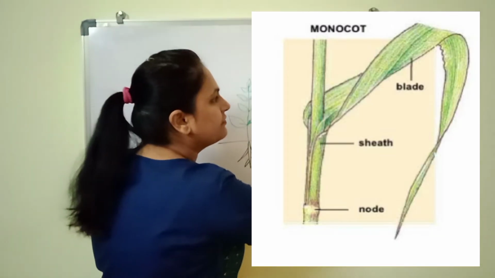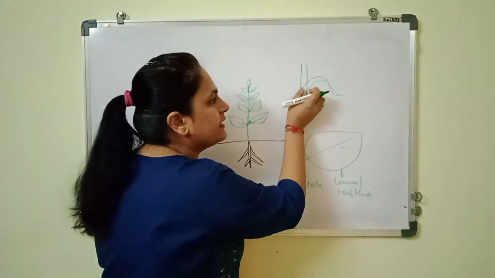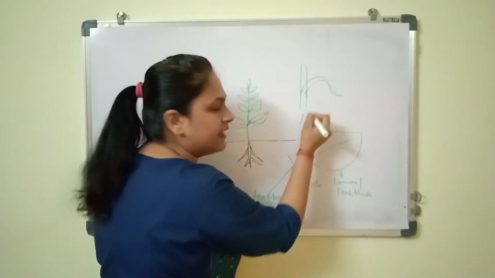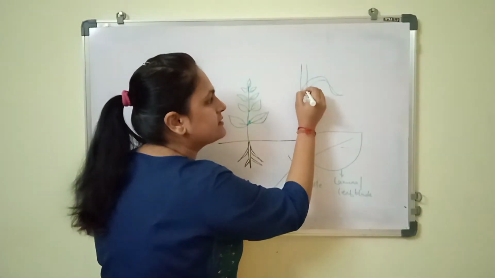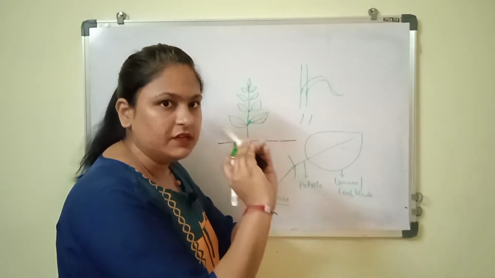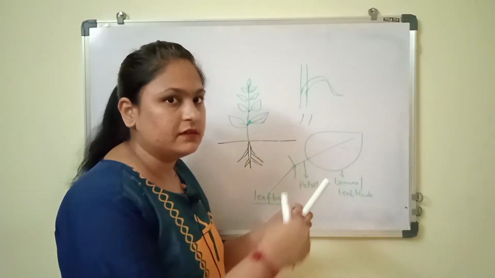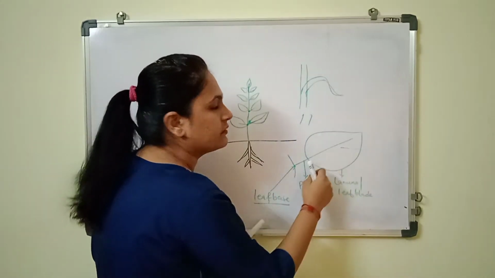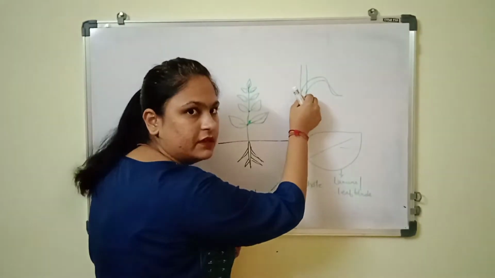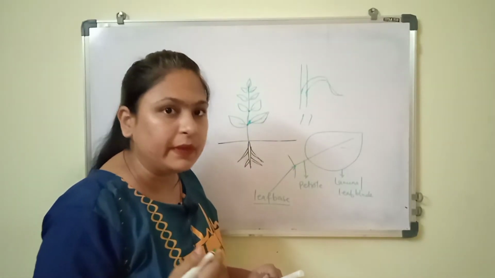The base of the leaf is not very thin, not pointed. It is sheath-like, covering the stem. If you remove it like that, it will come out in the form of a sheath. So the leaf base is sheath-like in the case of monocots, that is maize.